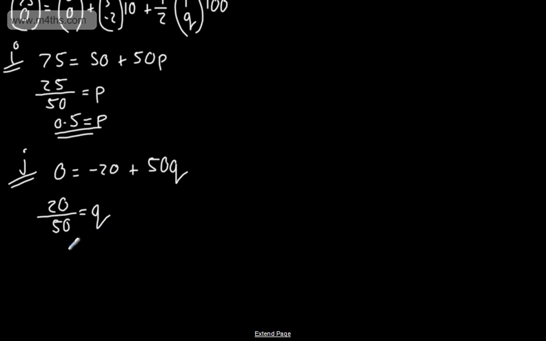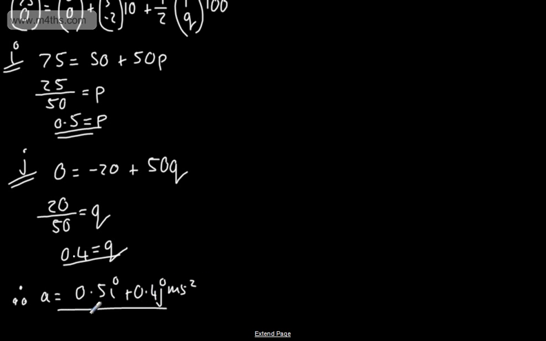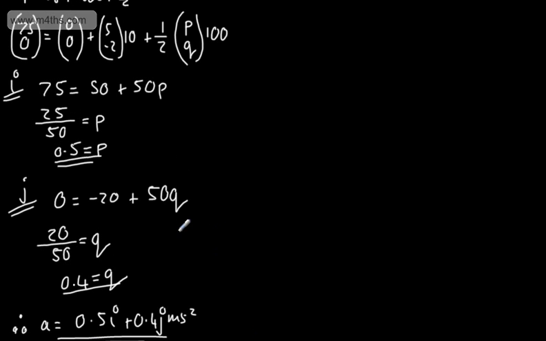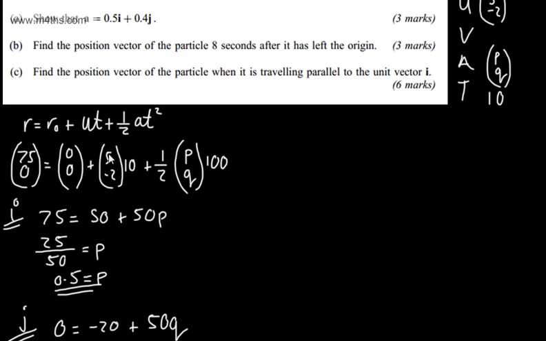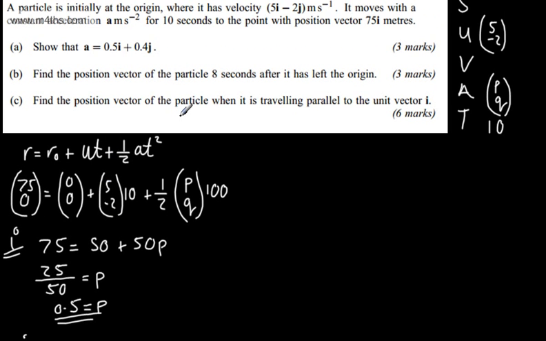So we can see from here that q will be 2/5 or 0.4. Therefore we can say now that a is equal to 0.5i plus 0.4j meters per second squared. So any way you want to answer that question is perfectly fine. I like to do it like this, but there are of course alternatives.